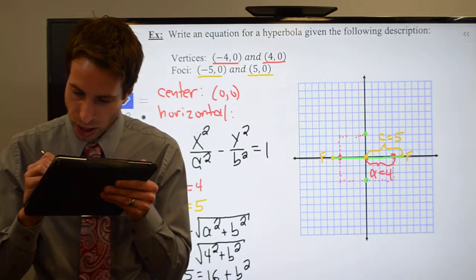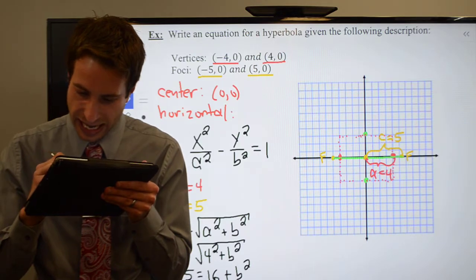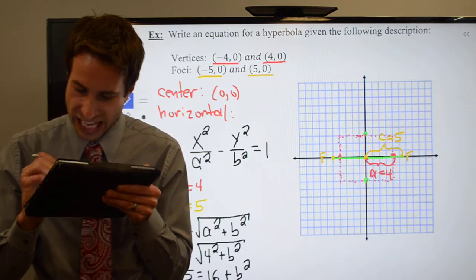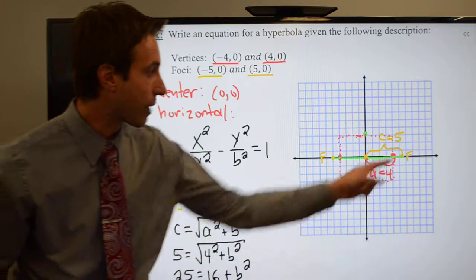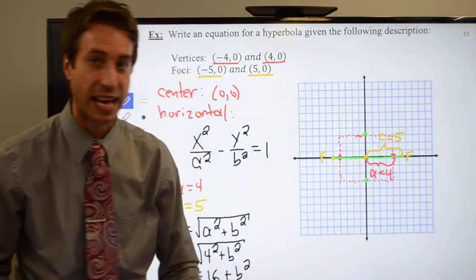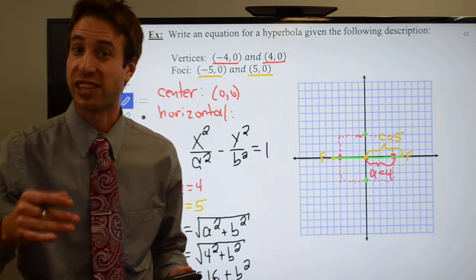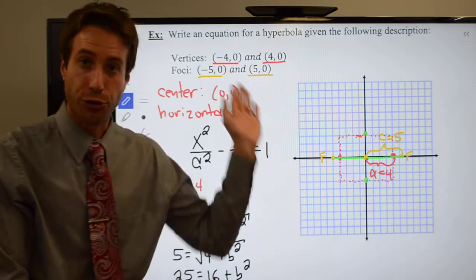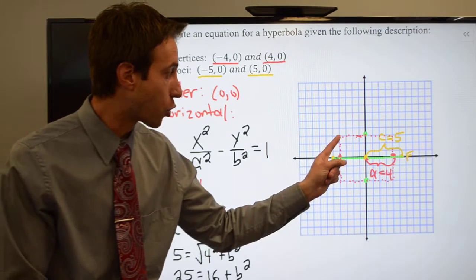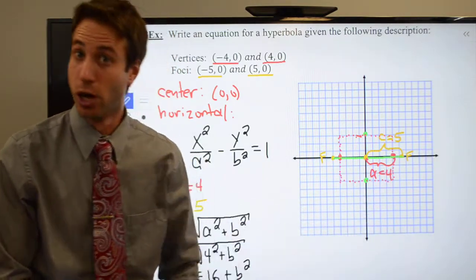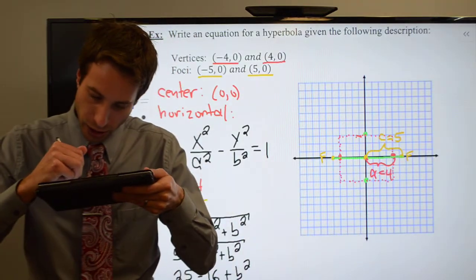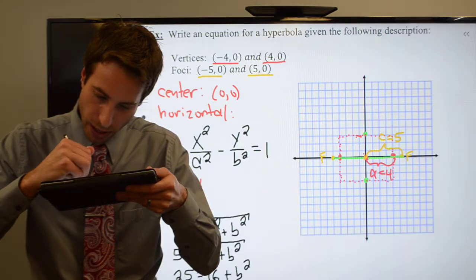Again, I'll do it as the dotted line because these are simply guidelines. They are not actually part of my graph. It's just what I'm going to use to help me get my graph. So there we go. There's that rectangle. Now remember, the slanted asymptotes run through the rectangle from corner to corner, corner to corner. So we're going to run an asymptote right up through here.